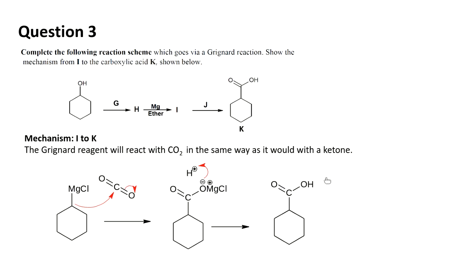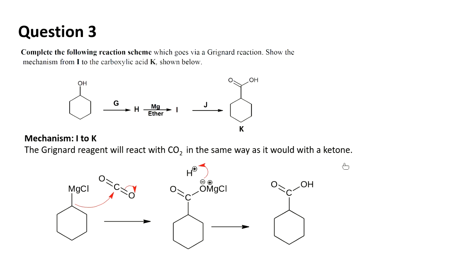No, because this carbonyl is no longer the kind that will be attacked by Grignard. It is now flanked by the oxygen, so there is resonance stabilization. Carboxylic acids don't normally undergo Grignard reactions.